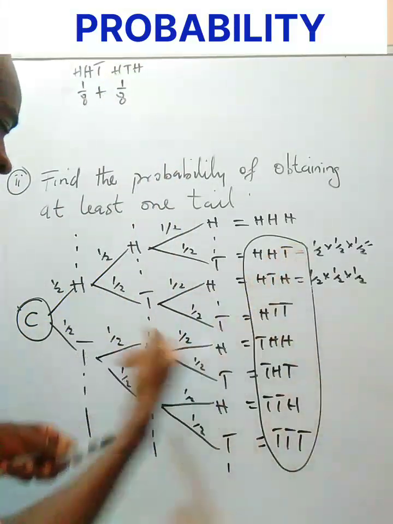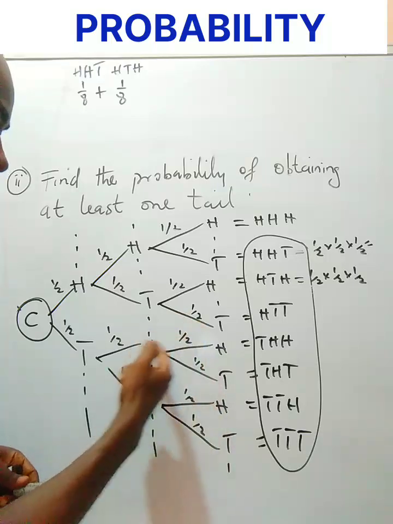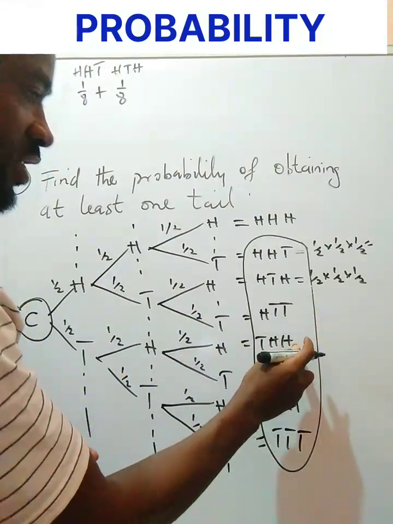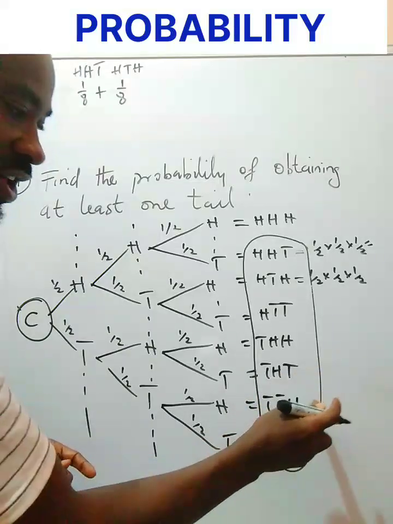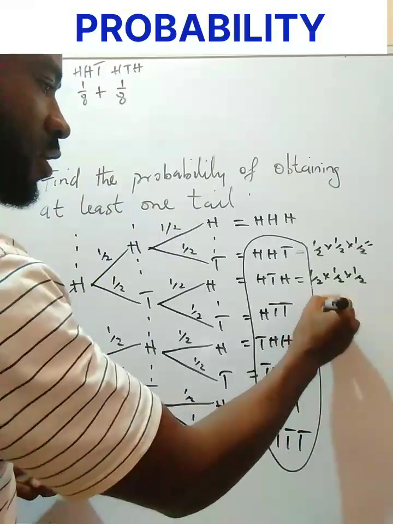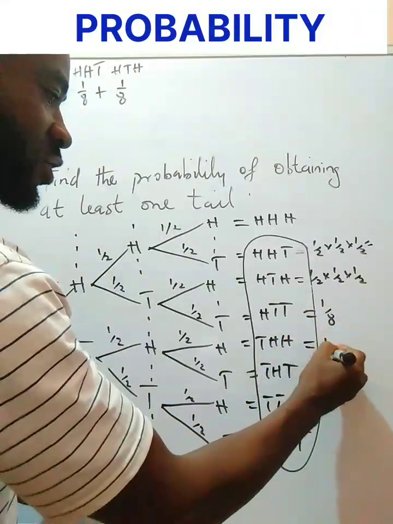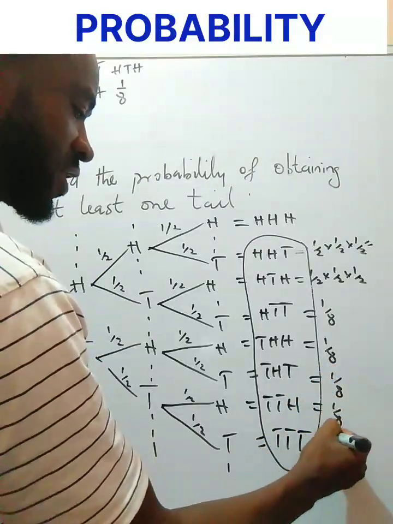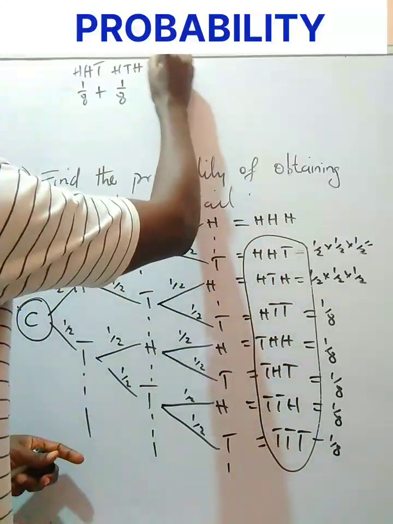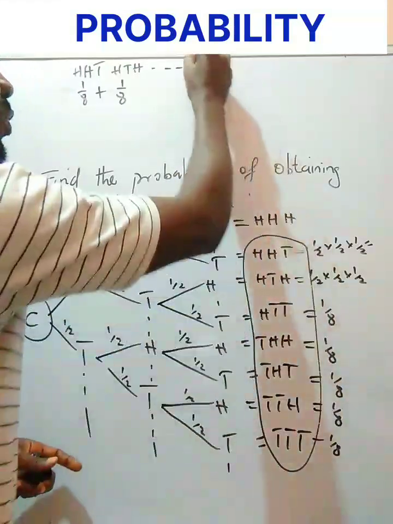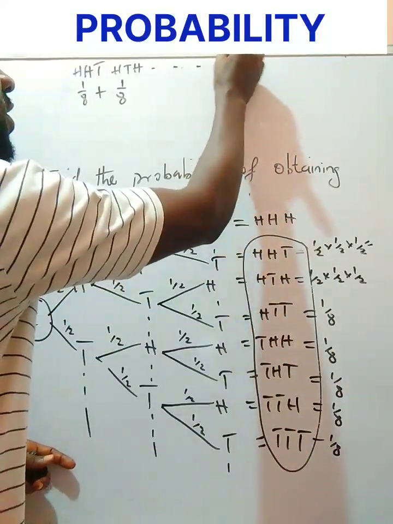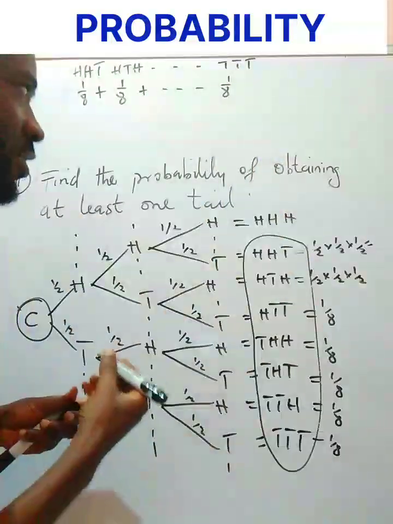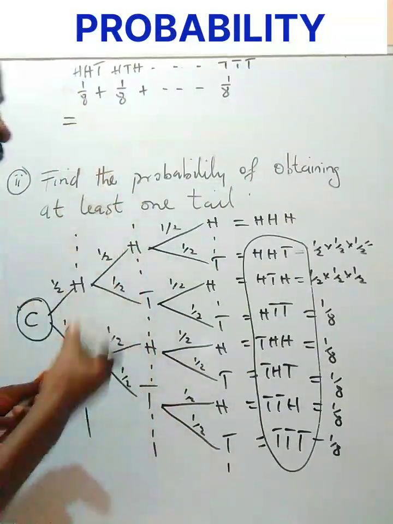If we continue like that, their probabilities are all half, half, half, so they will all give us 1 over 8, down to the last one, TTT. So all we just have to do is sum them up.